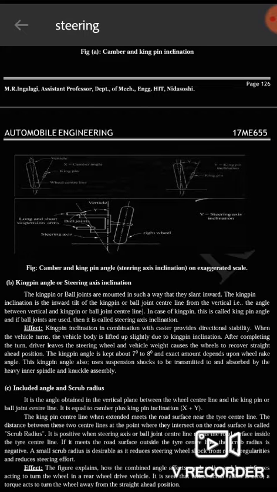The kingpin angle is kept about 7 to 8 degrees, and the exact amount depends upon the wheel rake angle. This kingpin angle also allows suspension shocks to be transmitted to and absorbed by the heavy inner spindle and knuckle assembly.